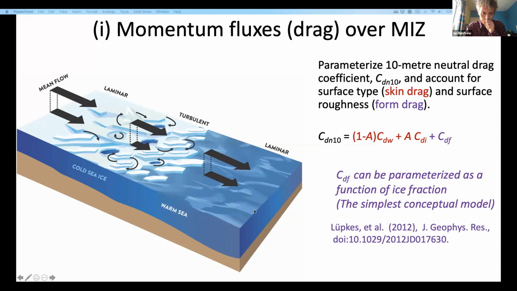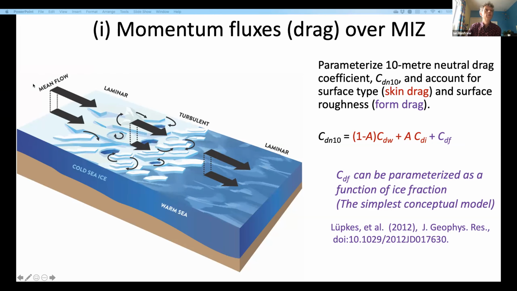So you can see in this schematic here, this is the marginal ice zone. The black is indicating low-level winds, and the curvy arrows are indicating the elevated turbulence that we get in the marginal ice zone.